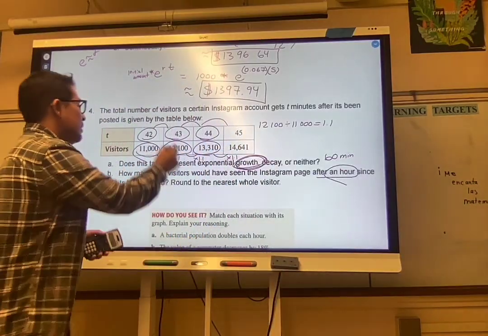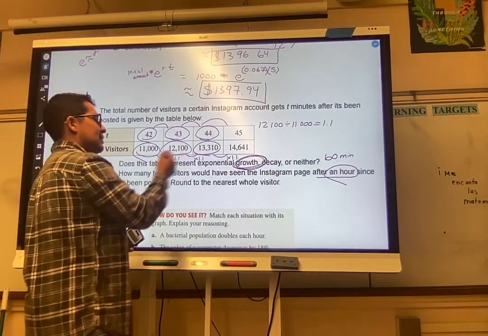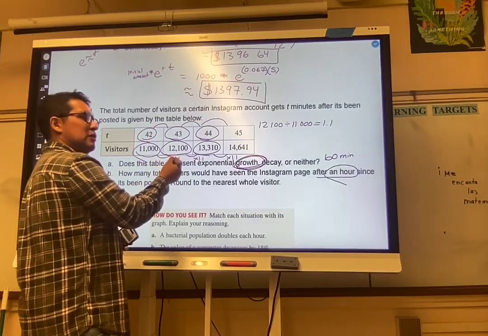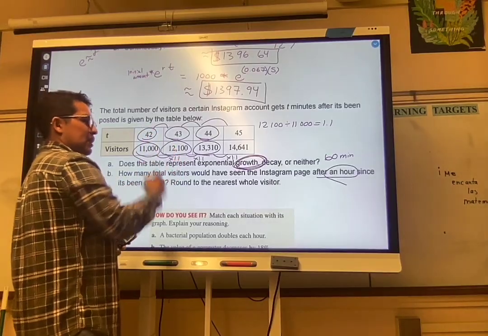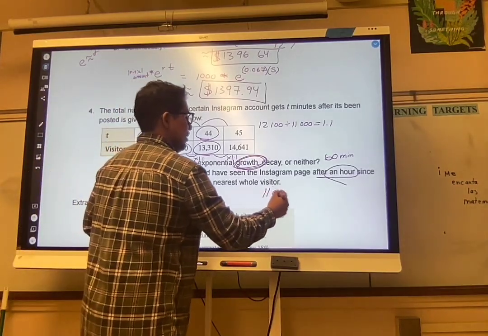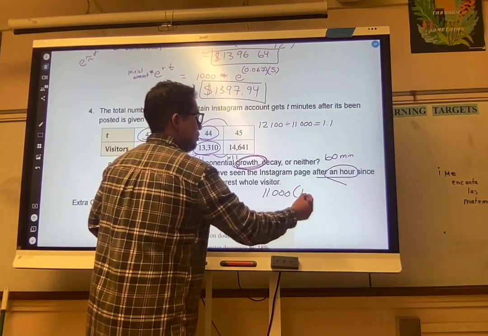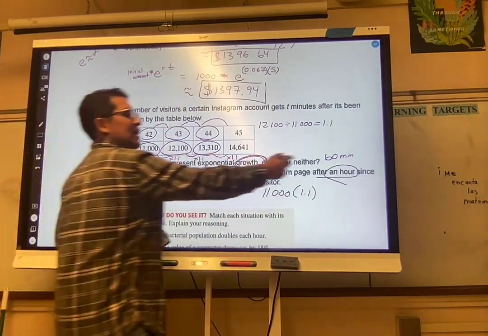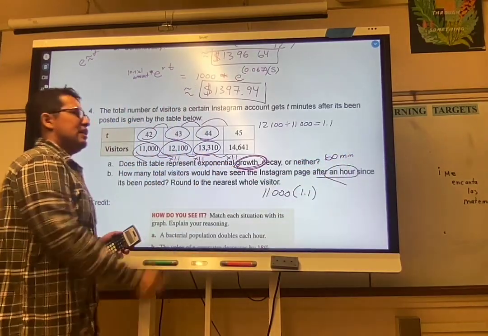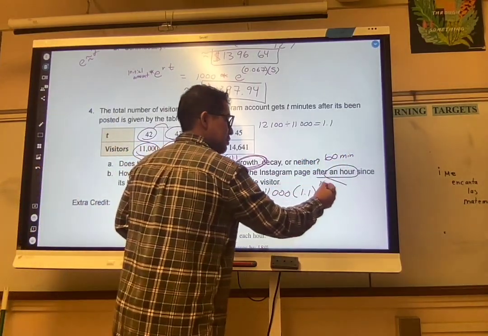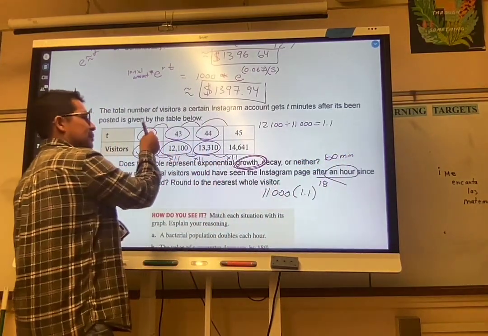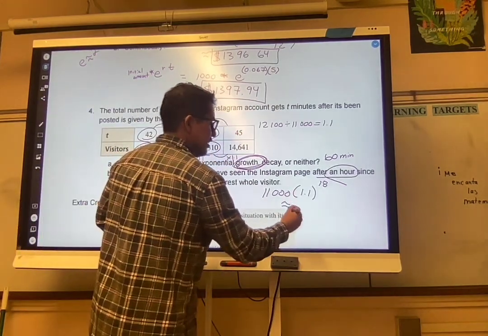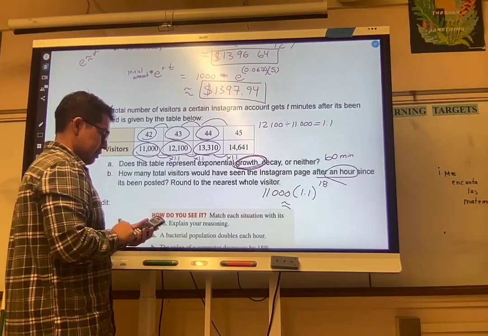So if I know every time 1 minute passes, this initial 11,000 from time 42 gets multiplied by 1.1, the question is, how many times is that 1.1 getting multiplied until I get to 60 minutes? And if you thought 18, you'd be correct, right? I have to multiply it 18 times because 42 minutes plus 18 minutes gets me to 60 minutes. And that would give me my answer, okay?